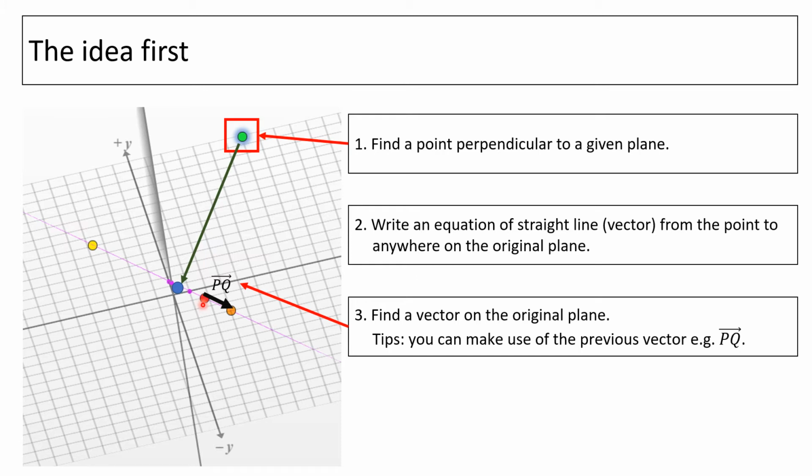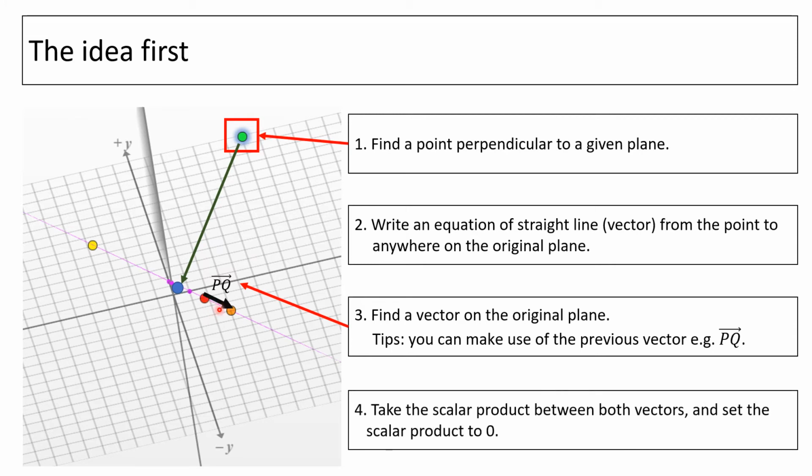Remember we have the points P, Q, and R, and the first step we did was to find the vectors that connect P to Q and P to R. So here we can use PQ. Now the next step is rather straightforward because this vector and the vector PQ are perpendicular. So you take the dot product between the two of them and set the scalar product to 0. It should be 0 because they are perpendicular. From there you can get the equation of plane that you want.